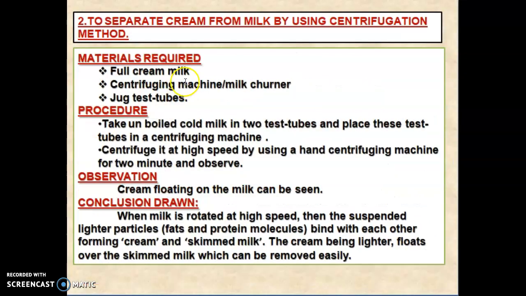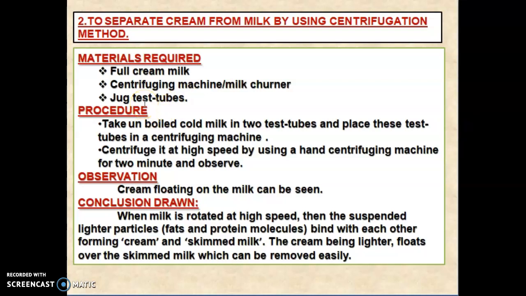Second method: to separate cream from milk by using the centrifugation method. The materials required are full cream milk and a centrifuging machine or a milk churner. At home, the mixer used for grinding some substances is also like a centrifuge machine.